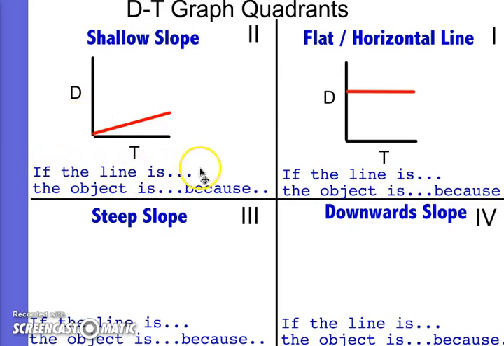You're going to say if the line is a shallow slope, what does that mean the object is doing? And why does a shallow slope mean the object is moving the way that you said it was? In quadrant 3, your steep slope distance time graph will look like this. Then you're going to write a description. If the line is a steep slope, what does that mean the object is doing? How is it moving?